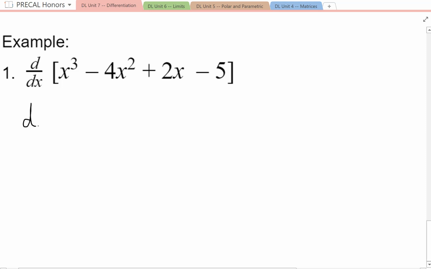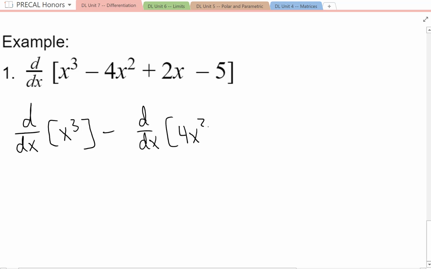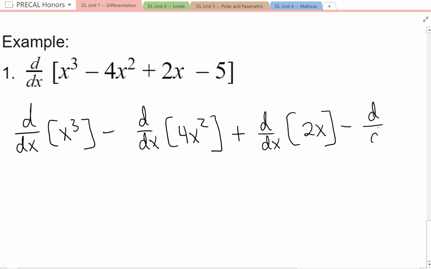So I'm going to take the derivative with respect to x of x cubed minus the derivative with respect to x of 4x squared plus the derivative with respect to x of 2x minus the derivative with respect to x of 5. You don't have to write all this out. I just want to show you all the steps.